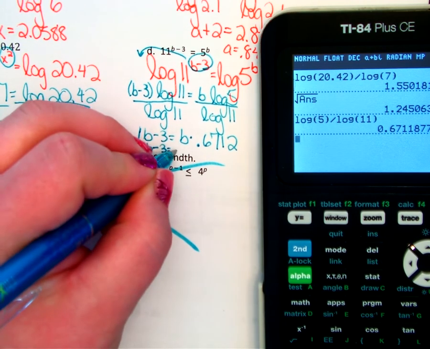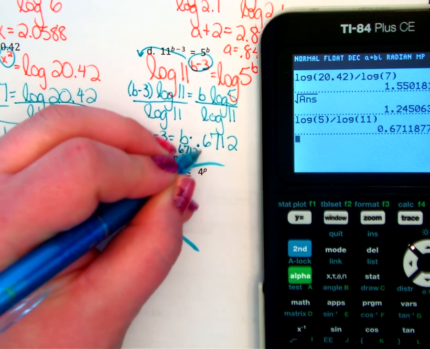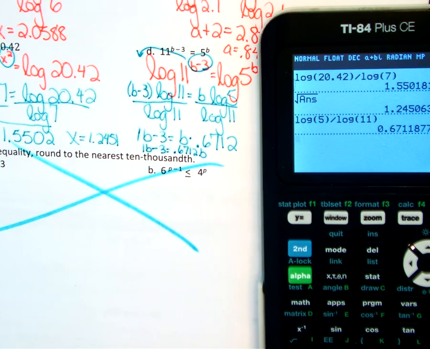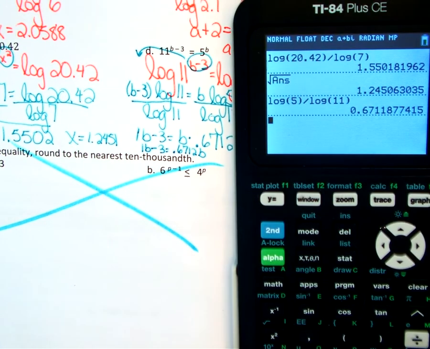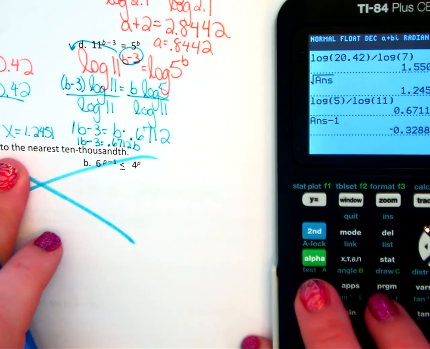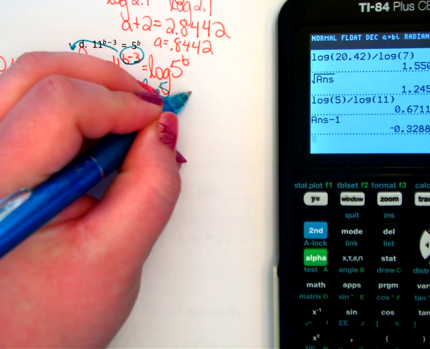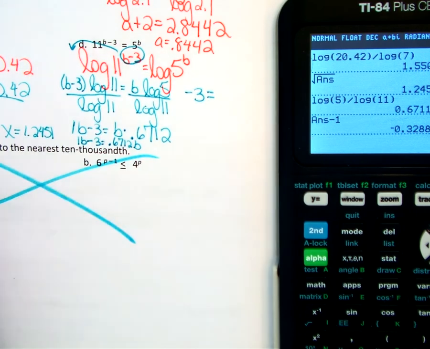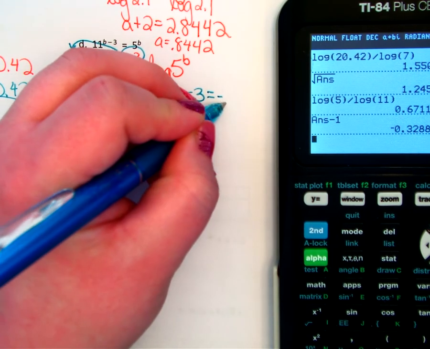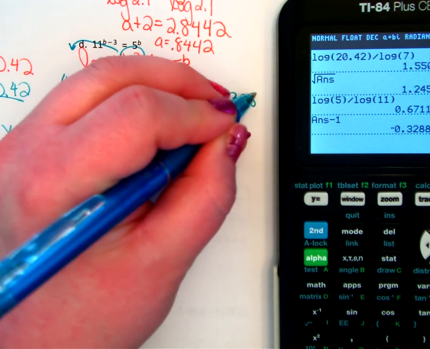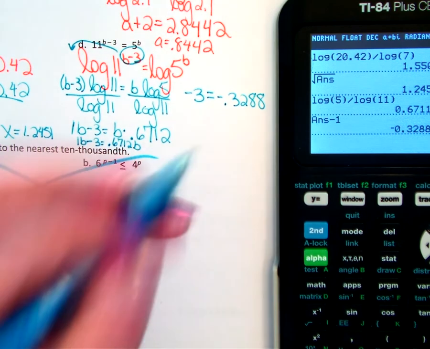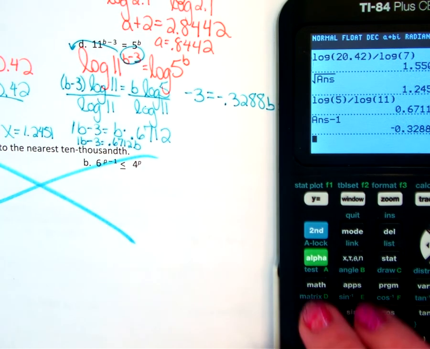It's saying 1b minus 3 equals 0.6712 b's. So if I want to get them together, I need to subtract 1b from both sides. So here's that long, nasty number, minus 1b, gives me that negative 3 equals negative 0.3288b.